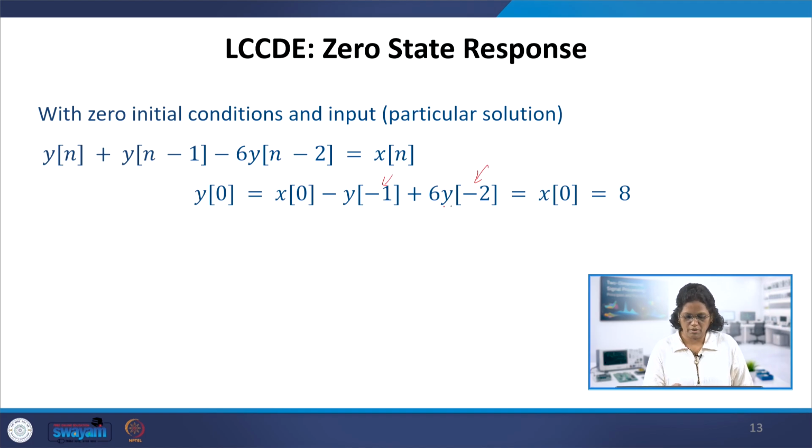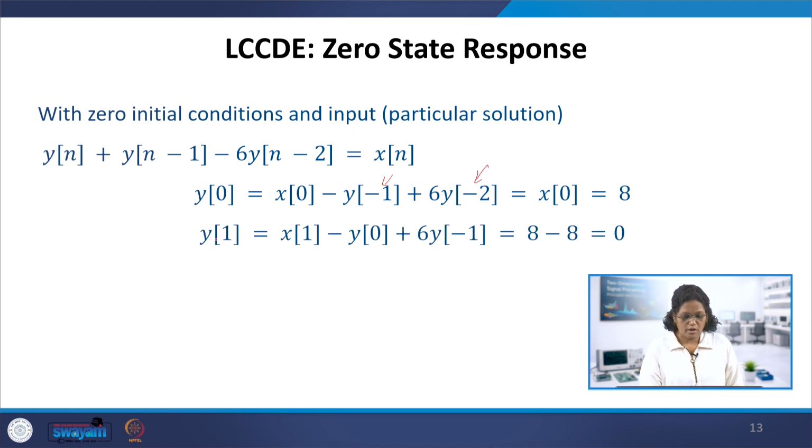So y of 0 is equal to x of 0 here, and then y of 1 is x of 1, and similarly y of 0, which is 8, this value is coming here. What values have we substituted for y of minus 1 and y of minus 2? It's not the initial condition values.